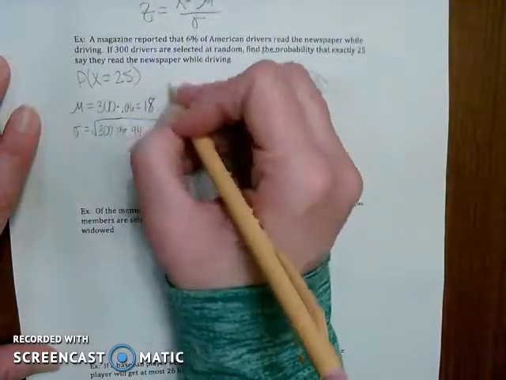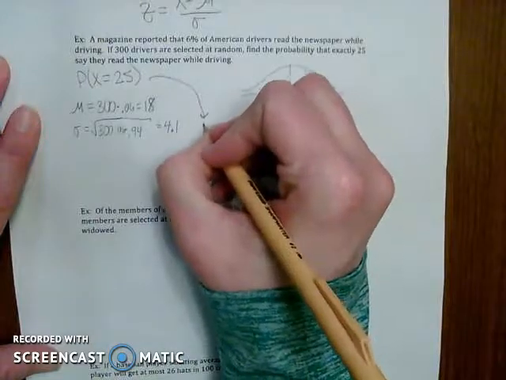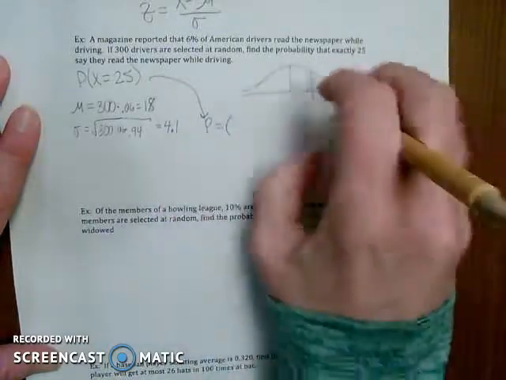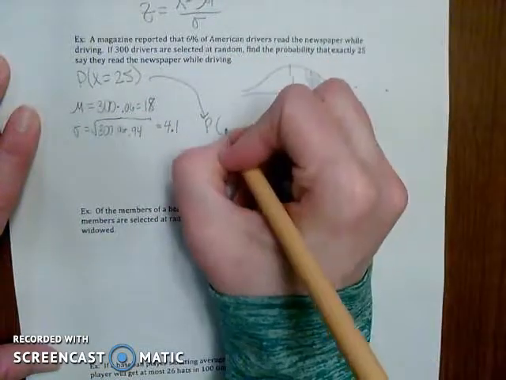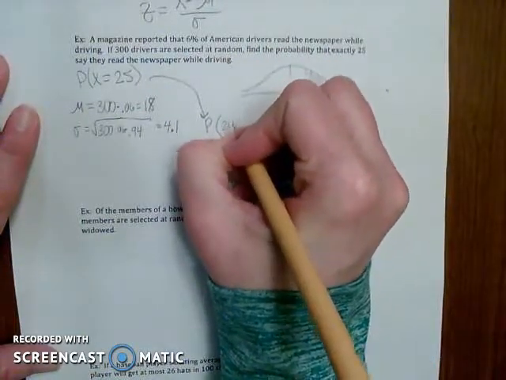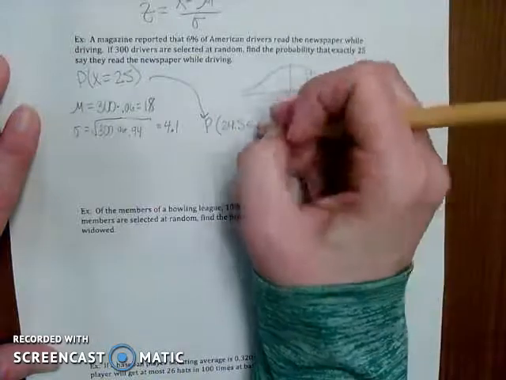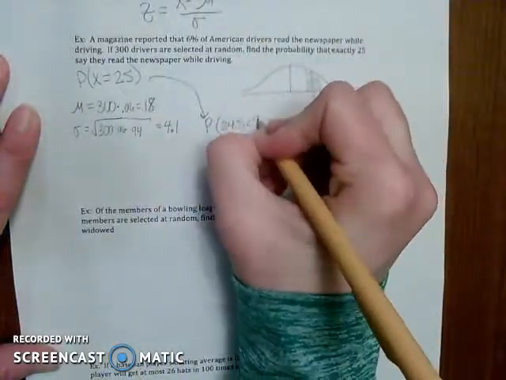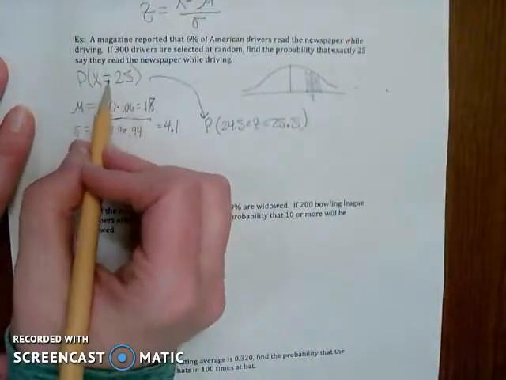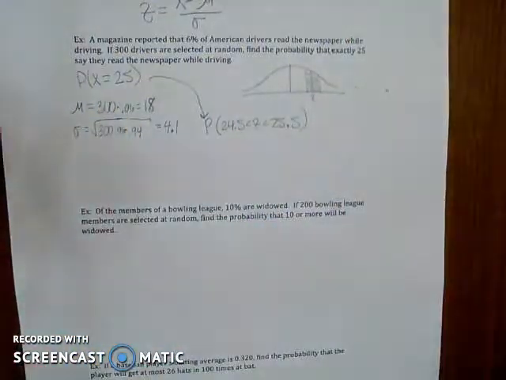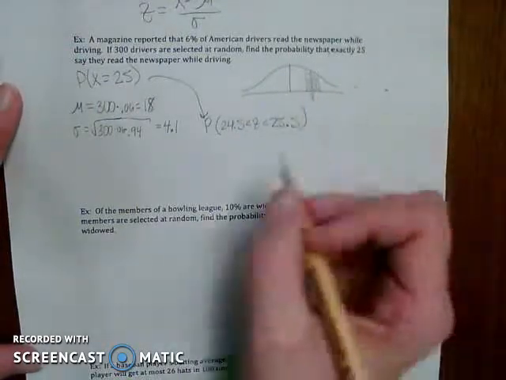This is equal to the probability that 24.5 is less than z, which is less than 25.5. Again, since it's an equal to, you can't find the area of a line, so you need to make yourself a box in order to do that.